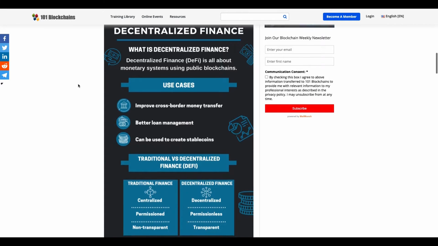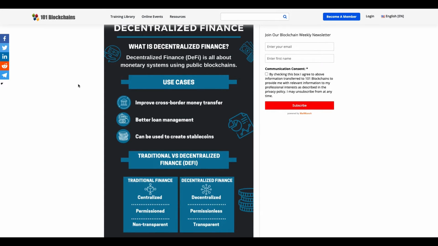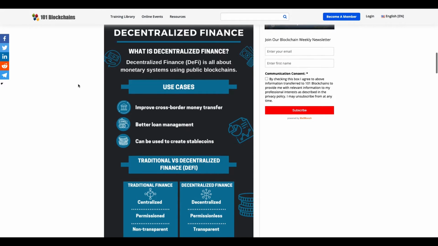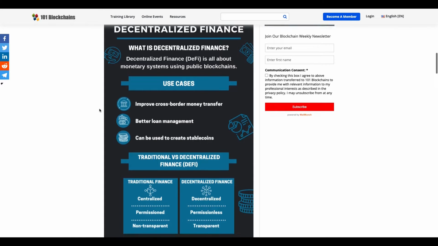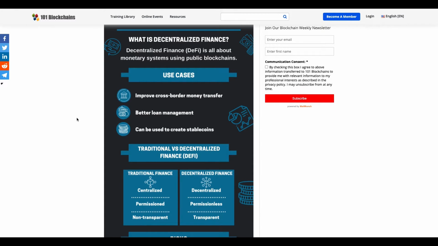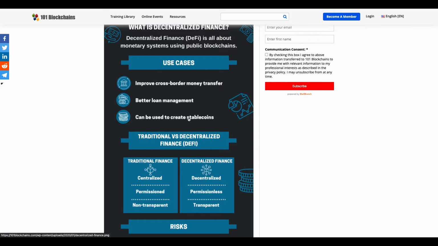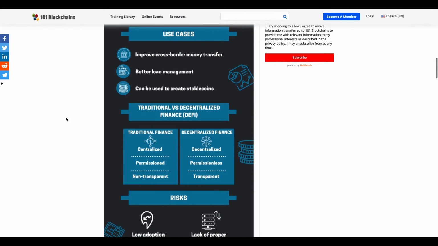The monetary system is run on a blockchain, and the blockchain, of course, consists of crypto. DeFi, which is the short term for it, offers better transfers throughout the world, better loan management, and you can create stablecoins, which I will get into a bit.